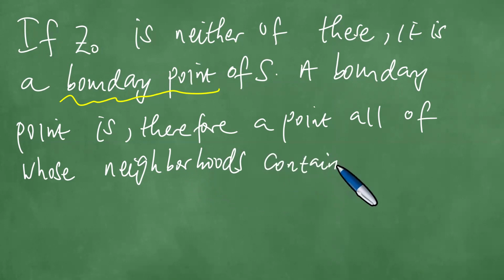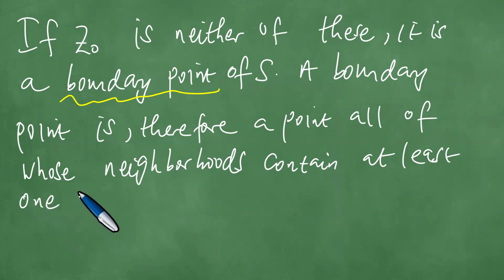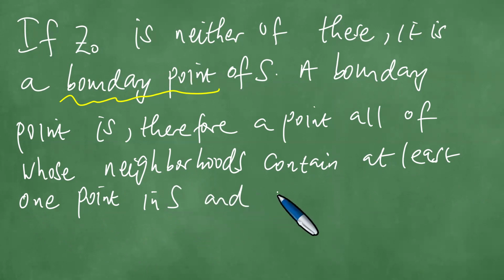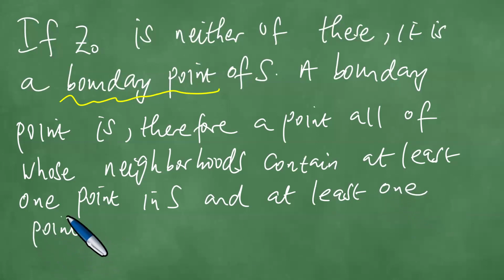A boundary point is therefore a point all of whose neighborhoods contain at least one point in S and at least one point not in S. Okay, so a boundary point is therefore a point all of whose neighborhoods contain at least one point in S and at least one point not in S. So yeah, that one is called a boundary point, and we've given sort of a formal definition.